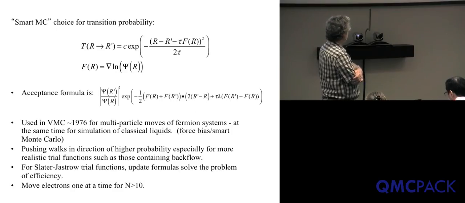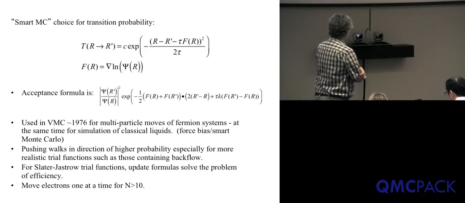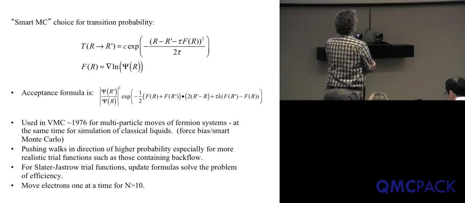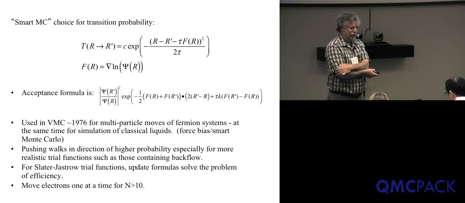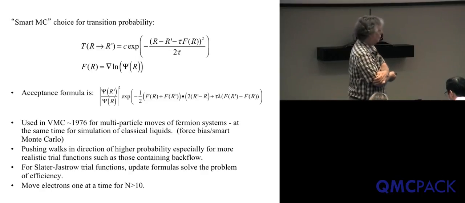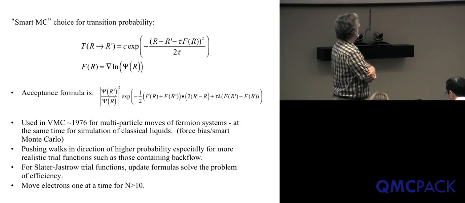Okay, so the procedure that we use to move the electrons, I won't repeat this later on, but basically, we use a Gaussian to sample the new electron coordinates.